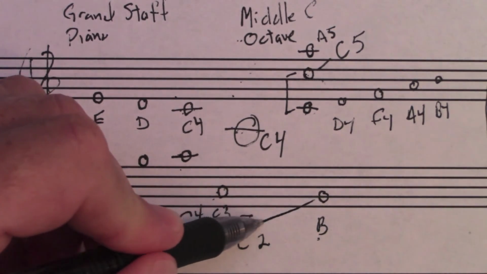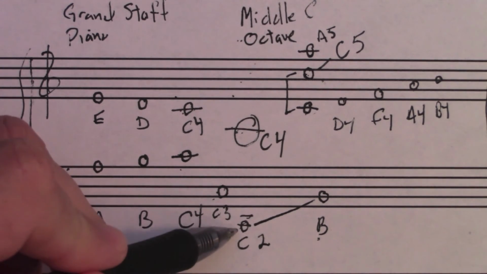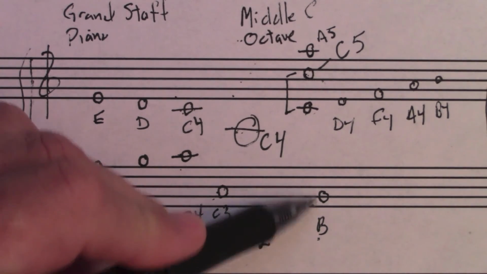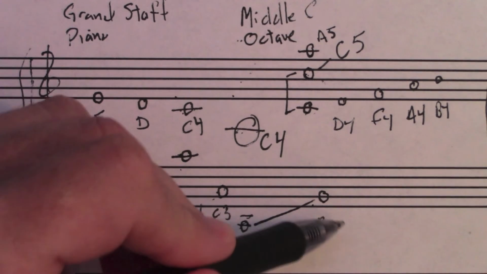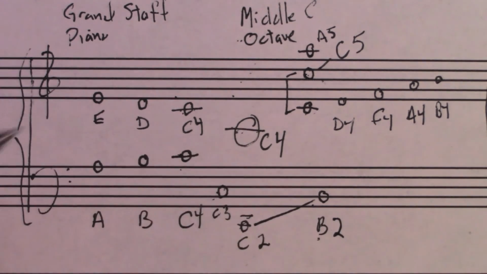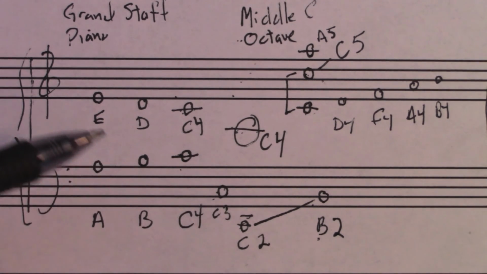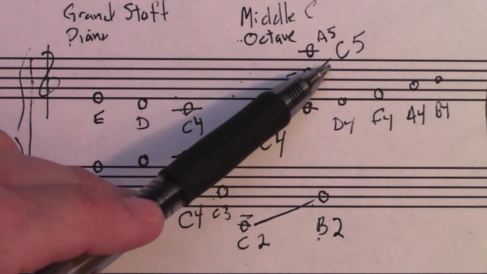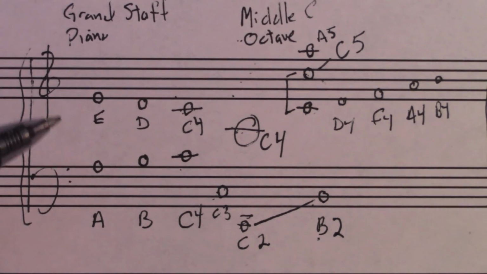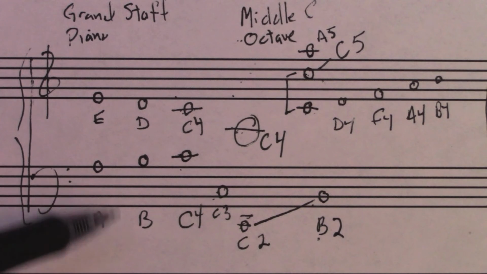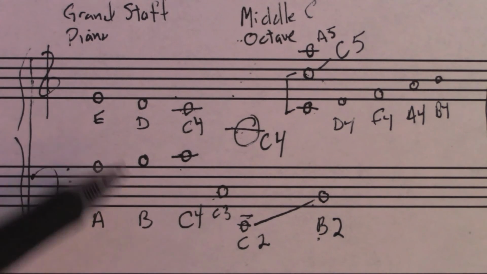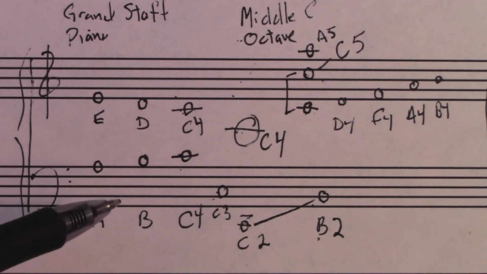Well, since all the 2's go from the C up to the B, because next is going to be C, this is B2. You can go down to C0, C1. You can go up to C5, C6, C7. But the important thing is you now can name notes and octaves.